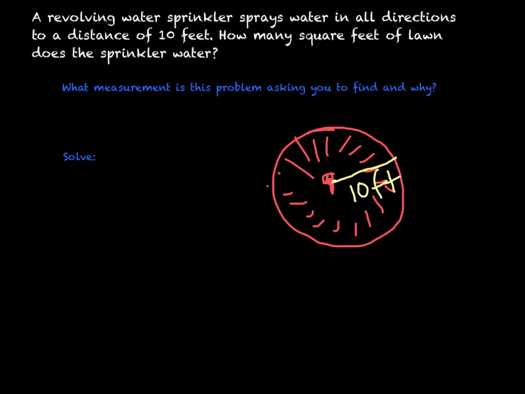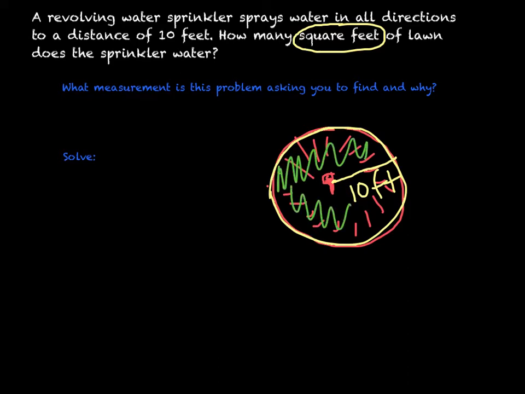And we are asked to find how many square feet, that is a hint, of lawn does the sprinkler water. So if you can imagine, it's covering not just this outside or circumference of the circle, but the sprinkler is actually covering this whole distance inside the circle. So the measurement that we are asked to find is the area.